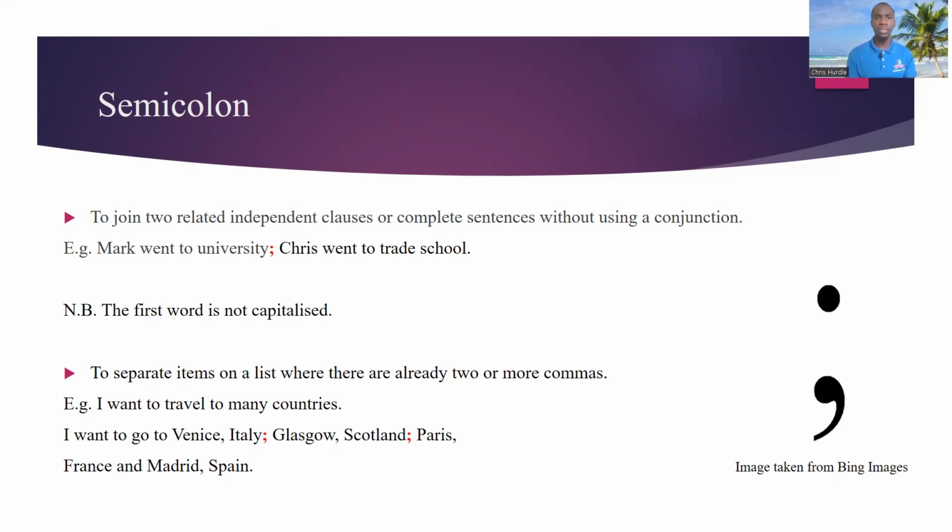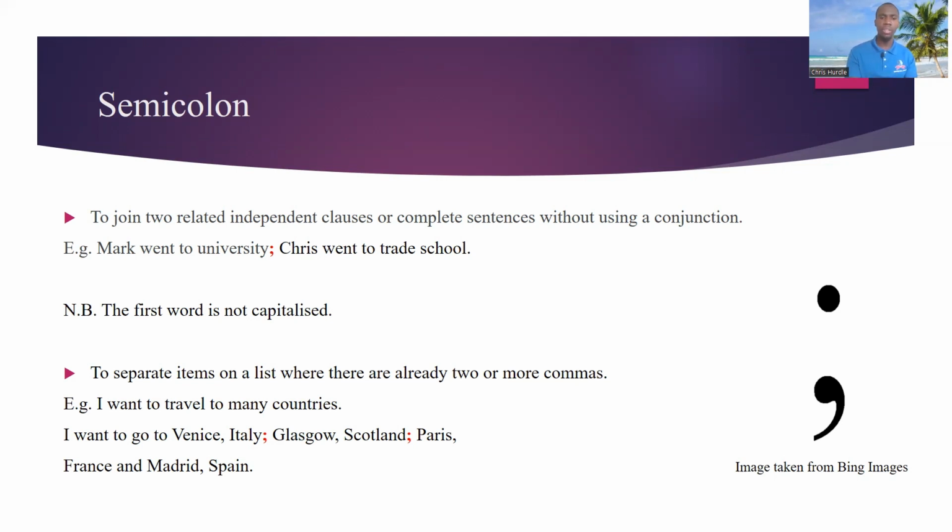And the second usage of a semicolon is to separate items on a list where there are already two or more commas. For example, I want to travel to many countries. I want to go to Venice, Italy, Glasgow, Scotland, Paris, France, and Madrid, Spain. Now, if you look at this closely, the comma is used to separate the city from the country, right?